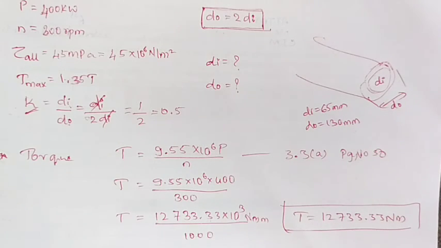In this part of the video, we solved on a strength basis. Next class onwards, we will take problems based on rigidity. This problem we have solved. We'll continue in the next part of our video.